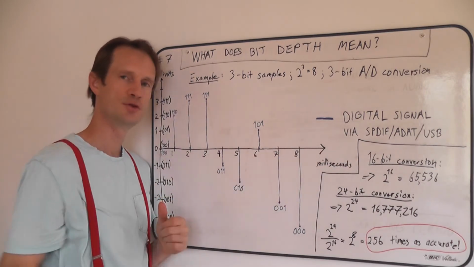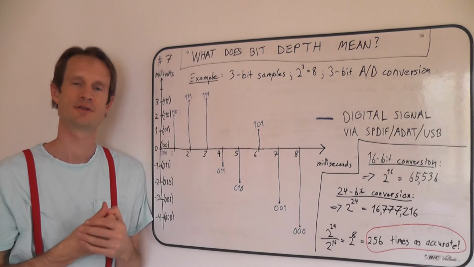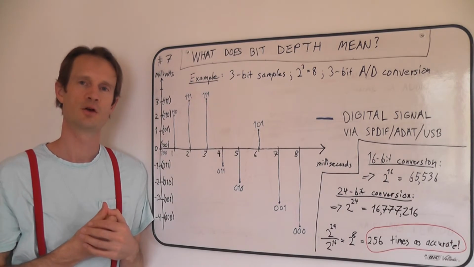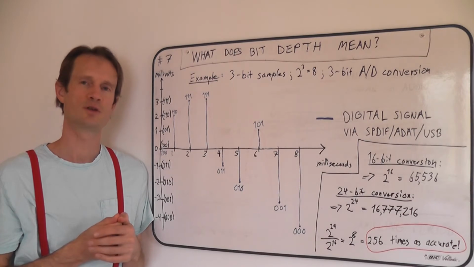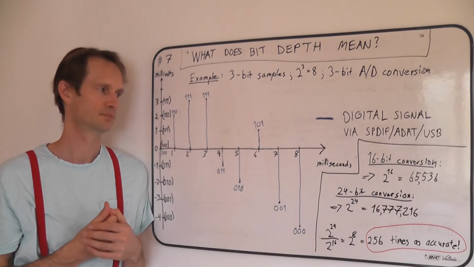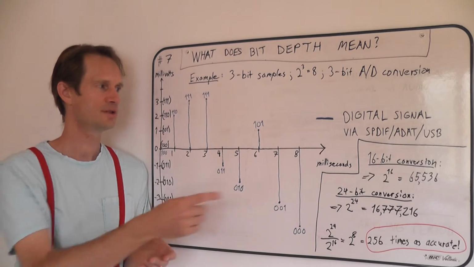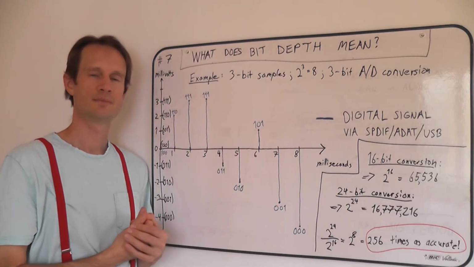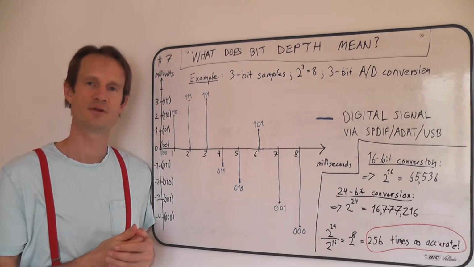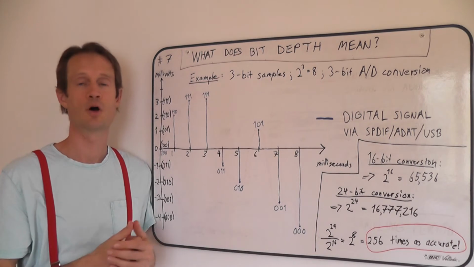16-bit audio was used originally when they first had digital systems in audio in the 1990s, and at that point they were only used for mastering. And using 16-bit audio for mastering as the final step is acceptable, and that's why the standard on CDs is 16-bit audio.